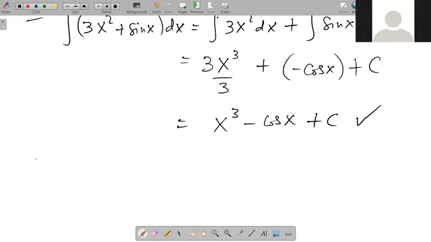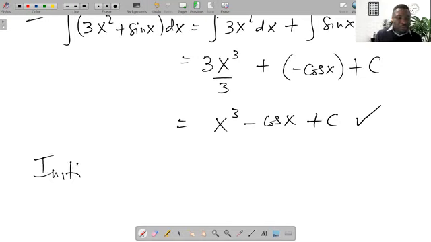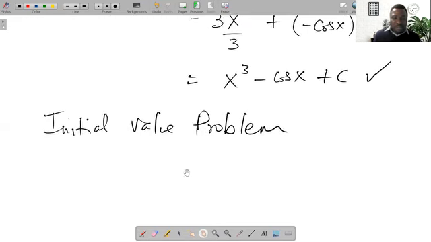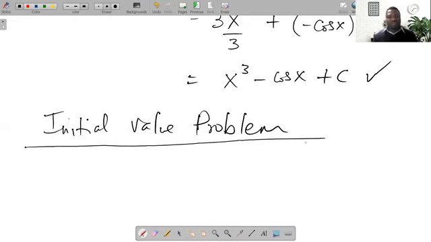So let's look at what we call the initial value problem. Let me just quickly touch on it. This is the idea of trying to get the C value.